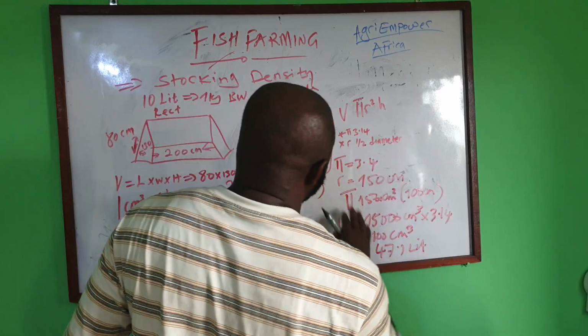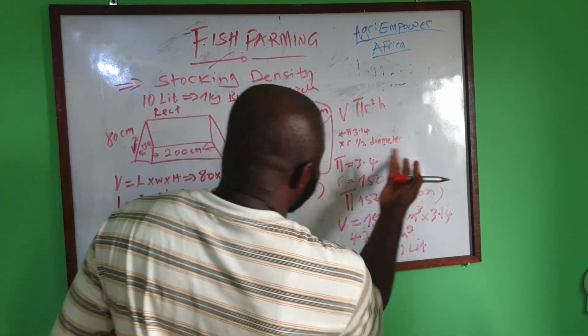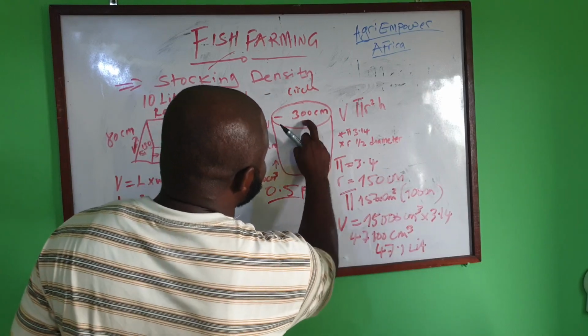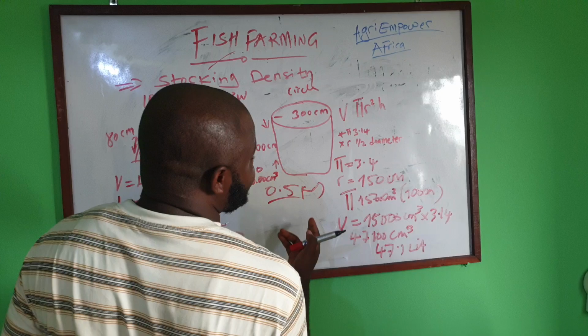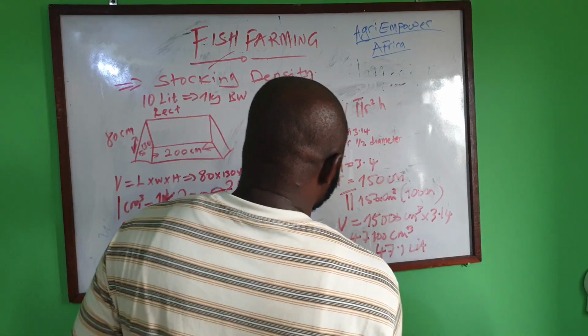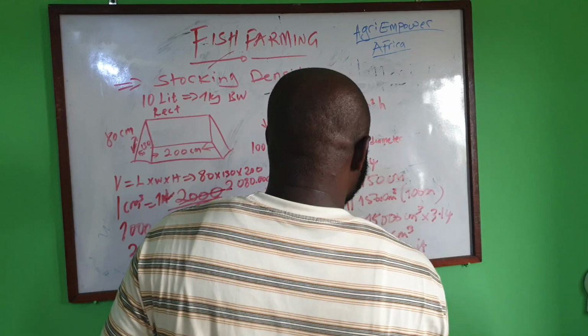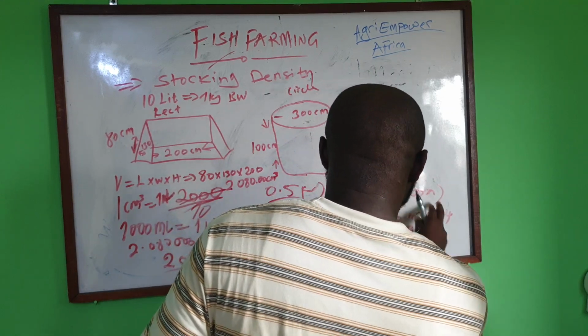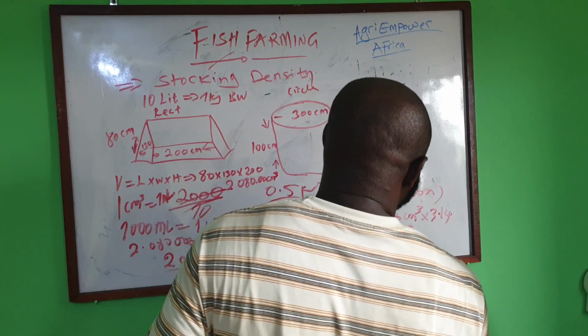the volume is pi radius squared. Pi is 3.14. The radius is half of the diameter. Half of diameter, which is 300, will be equal to what? 150 centimeters. So now, if you multiply this together, it will give you 15,000 centimeters cube.